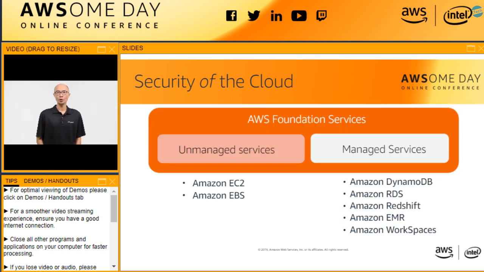Note that in addition to protecting this global infrastructure, AWS is responsible for the security configurations of its products that are considered foundational or managed services, which include compute, storage, database, and networking. Examples of these types of services include Amazon DynamoDB, Amazon RDS, Amazon Redshift, Amazon Elastic MapReduce, Amazon Workspaces.